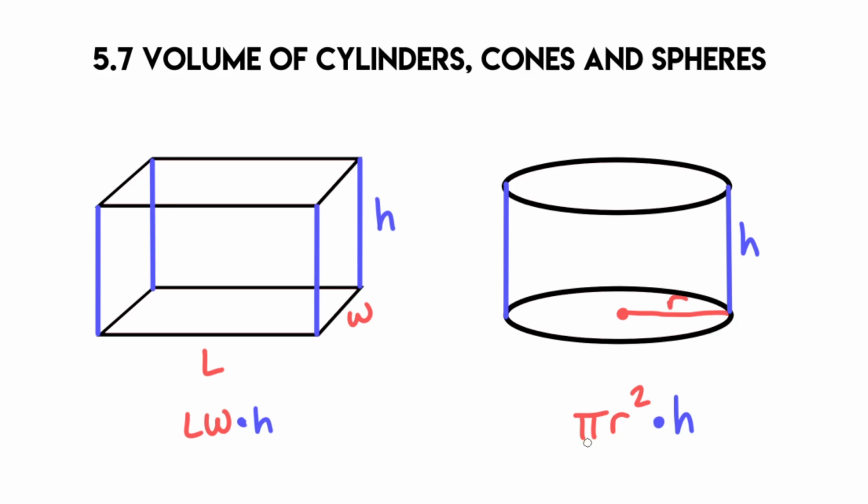The volume of a cylinder is a circle multiplied by height, which gives us a cylinder. Likewise on this side, a rectangle gives a rectangular prism, 2D versus 3D. So that is our first one: the volume of a cylinder is pi r squared multiplied by height.